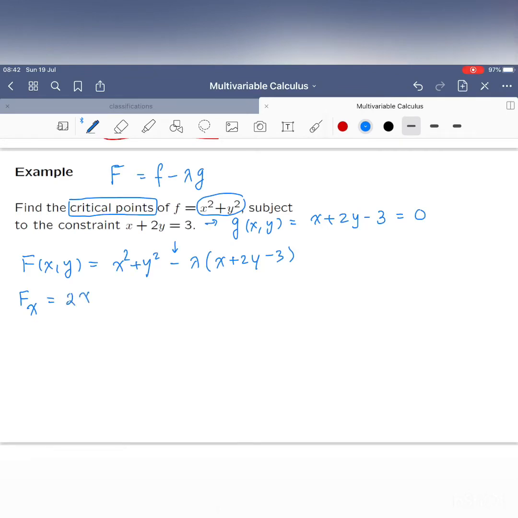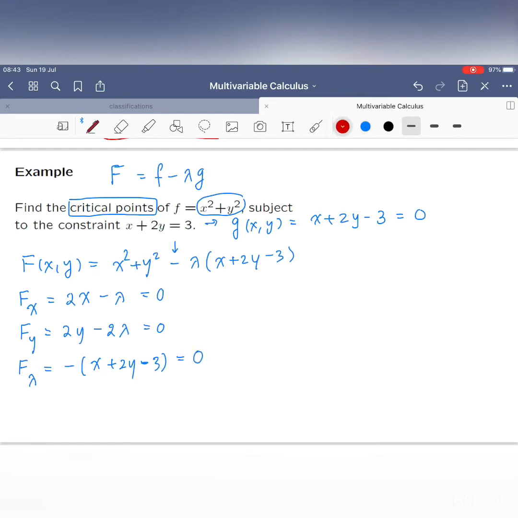So what is your F sub x? The capital F sub x is 2x minus lambda, make it equal to 0. Your F sub y is 2y minus 2 lambda, make it equal to 0. And your F sub lambda is actually negative x plus 2y minus 3, make it equal to 0.